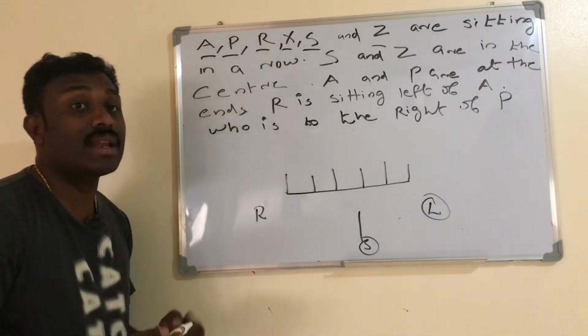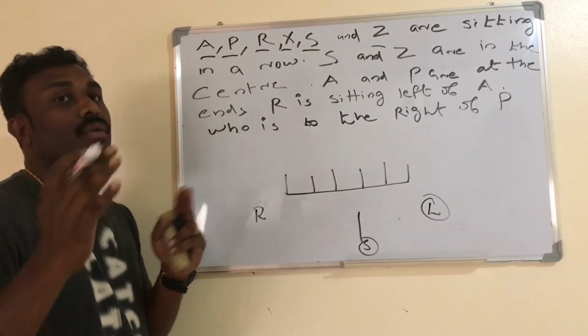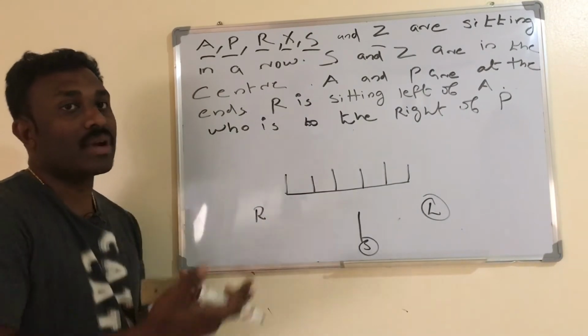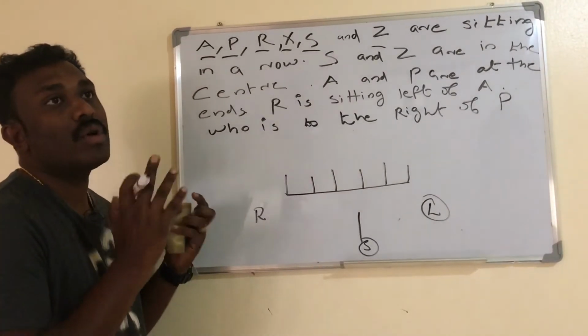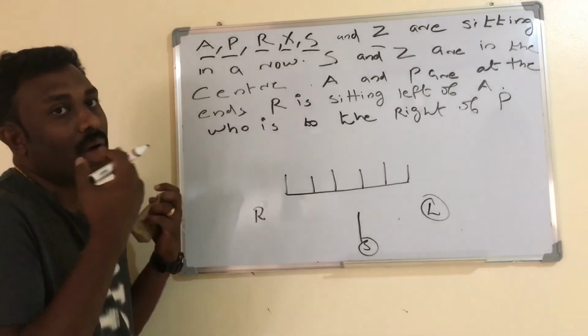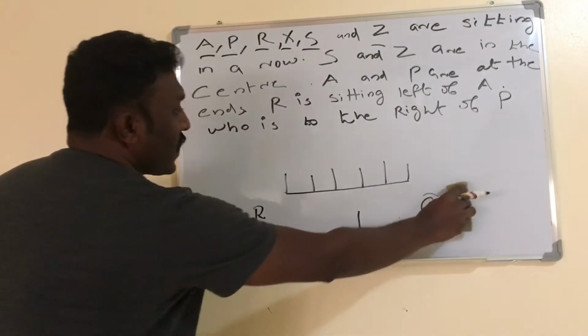If somebody is facing north, then the right will be here and the left will be here. If you can identify the direction and the right and left side of this row, then half of the work is done. Next you have to draw the diagram. After drawing the diagram, you can answer any question from that row.